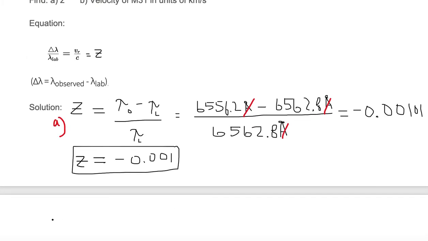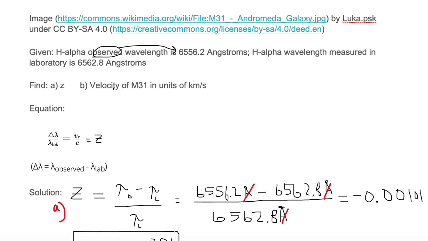Now, the second thing we want to calculate is what's called the velocity. So in our Z equation, which is equal to V_R over C, which is equal to delta lambda over lambda, we have this V, which is the radial velocity, or the velocity of the object either moving towards us or away from us, divided by the speed of light.